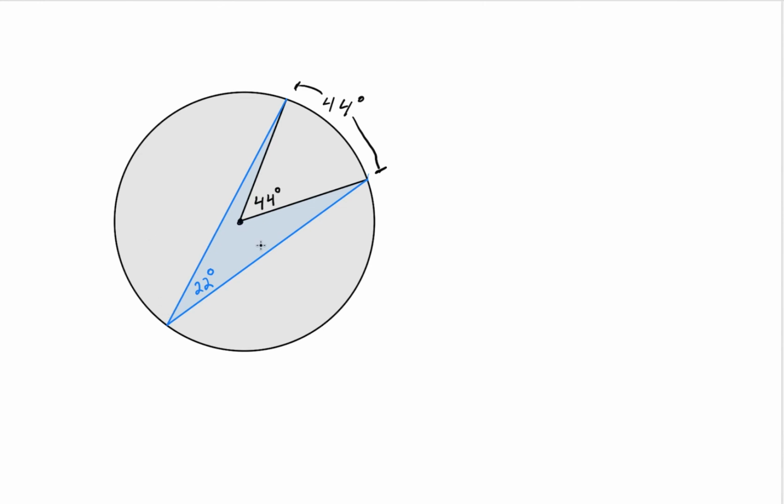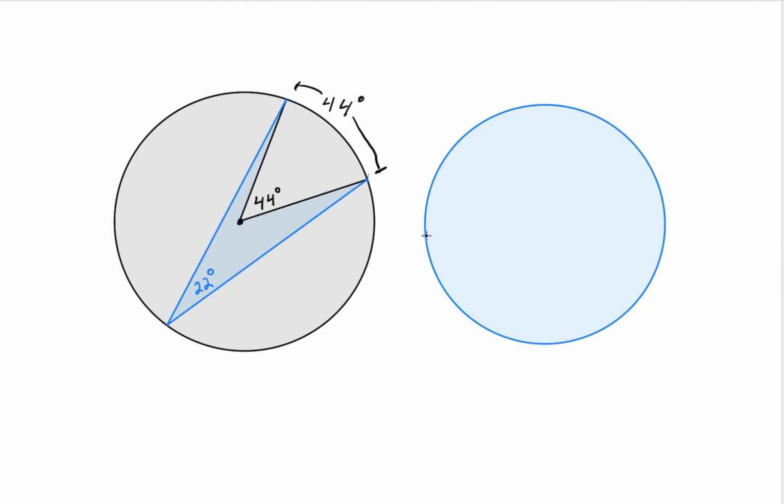All right, so what if we have a full inscribed triangle here? What if we have a right triangle inside of our circle? The endpoints of a diameter of a circle intercept an arc whose measure is 180.